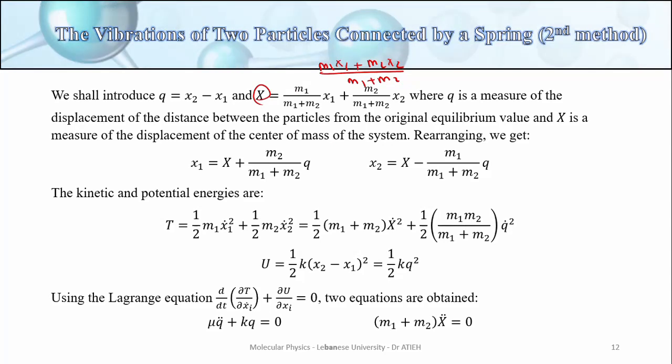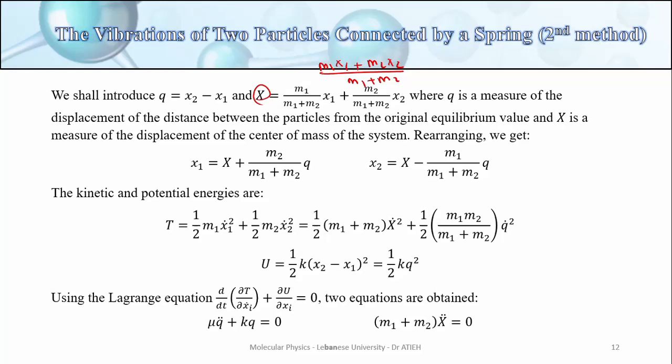Now what is the purpose of using the new coordinates Q and capital X? If I use these coordinates in the Lagrange equation, I will get two equations independent of each other, one in terms of Q and one in terms of capital X, unlike last time, when the same equations contained both x1 and x2. So it will give me an easier way to treat the same problem.